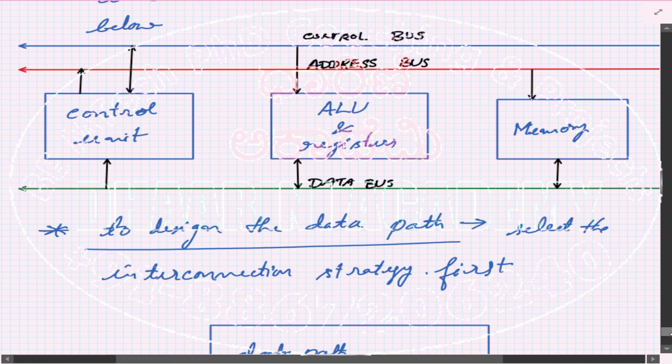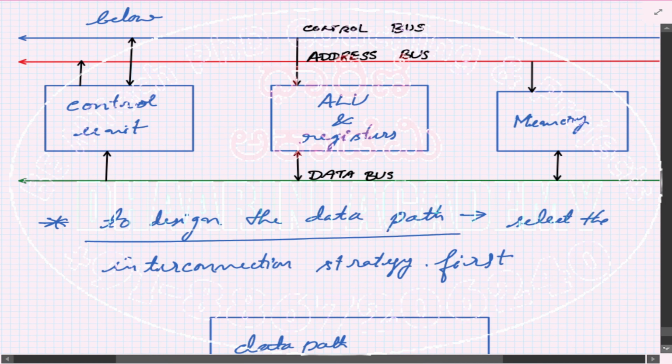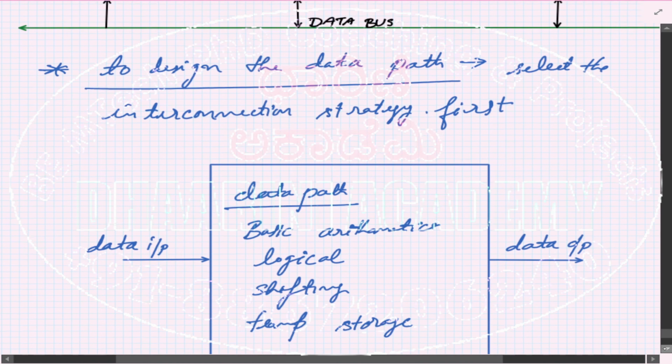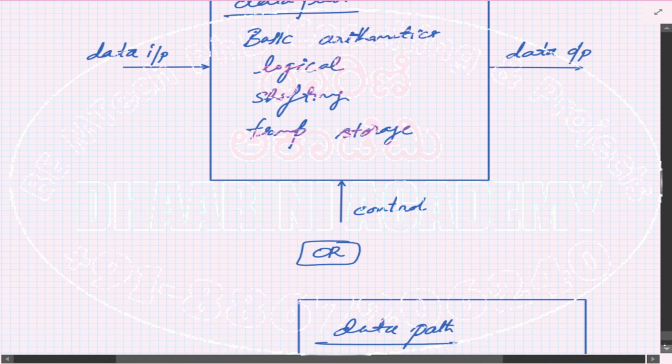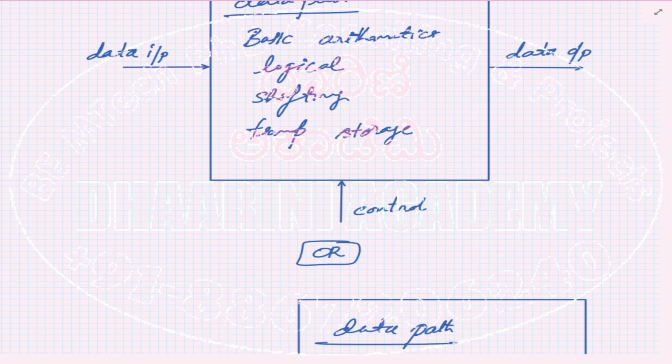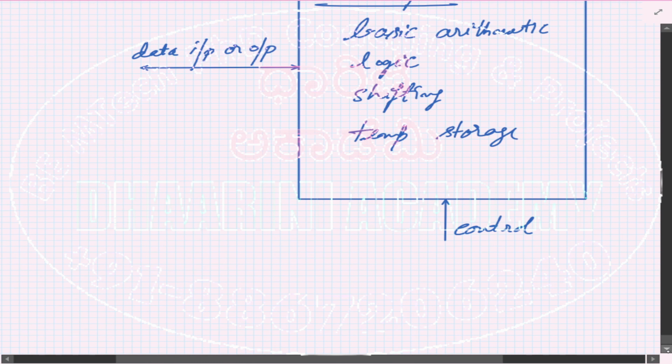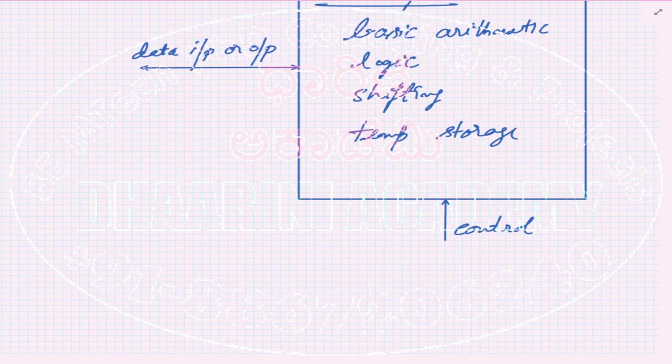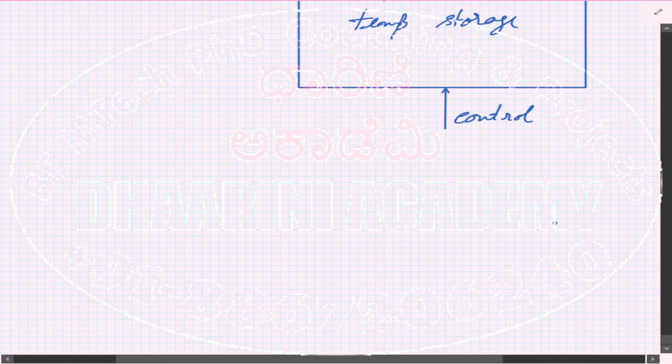So you see, this is our idea now. Either you choose the first option or the second option, because data will come from one side, go to the other side, and there will be a control as an input if required. So use this and make the connections of all the subunits. So choose one of them, whatever interconnection strategy you want, you select, right?